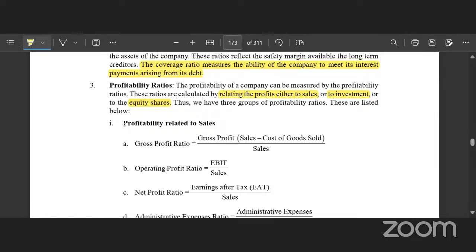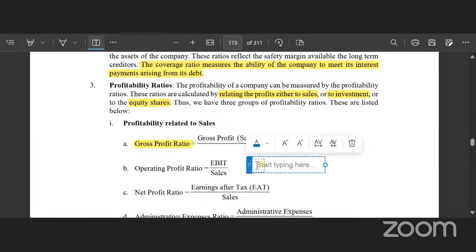When we are talking about profitability related to sales, gross profit ratio is gross profit by sales, and operating profit, so EBIT is earnings before interest and tax, which is also called operating income.